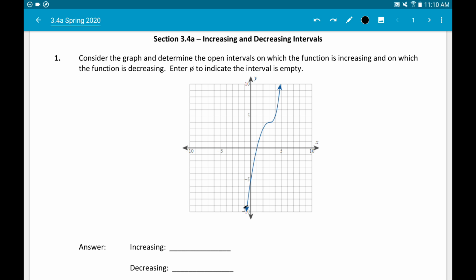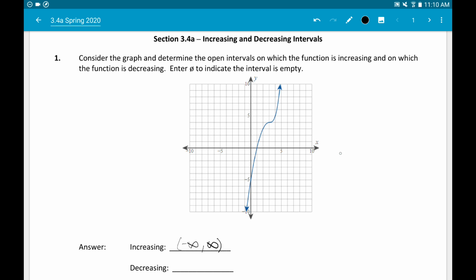So when we list the intervals down here, we want to list the x values on which the graph is increasing. So you've got these arrows on each end of the graph that indicates the graph keeps going that direction forever. So this whole graph is increasing. So we're going to list that as negative infinity to infinity.